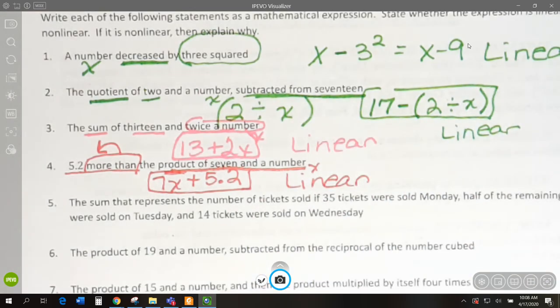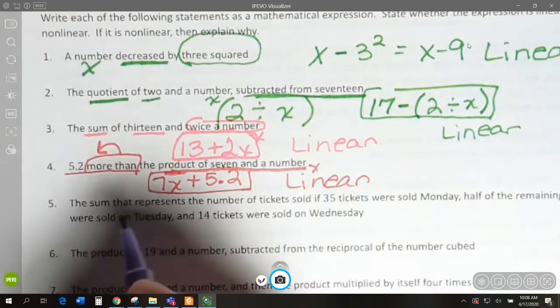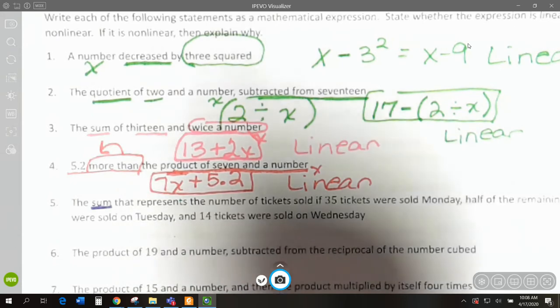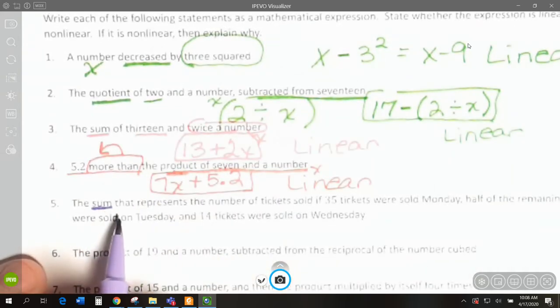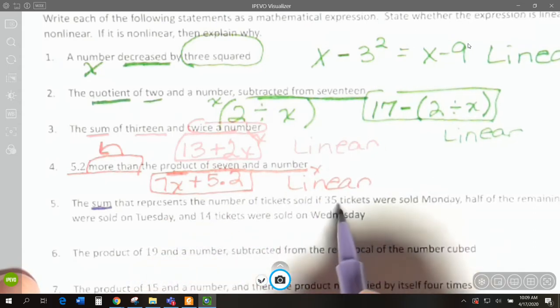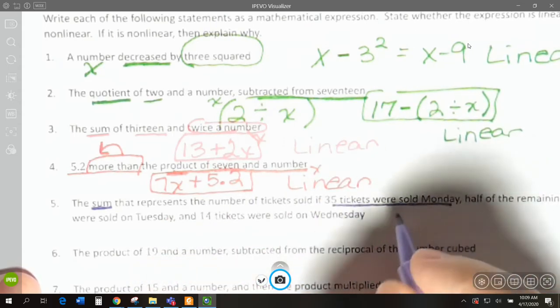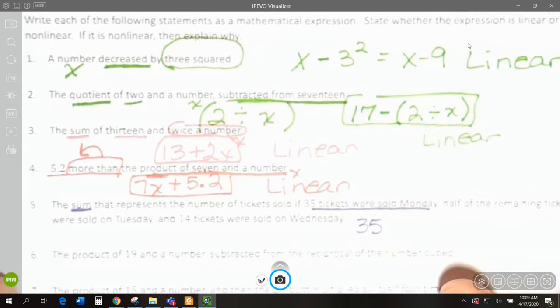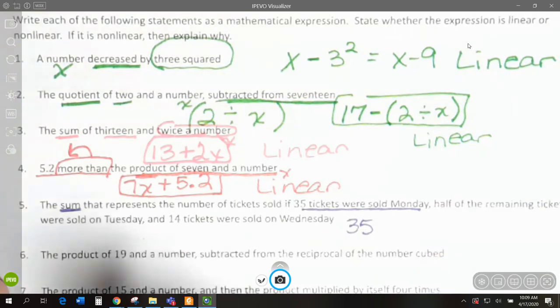Number 5. Once again, we have sum, which means to add. So we're going to have the sum that represents the number of tickets sold. If 35 were sold on Monday, so we have 35 on Monday, half of the remaining tickets on Tuesday.